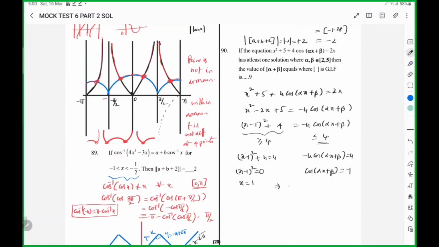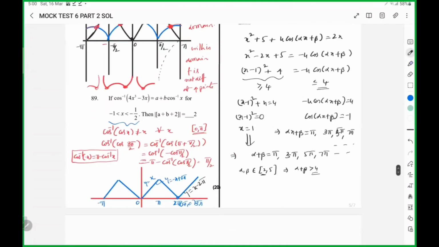Which implies alpha x plus beta can be pi, 3 pi, 5 pi, 7 pi, and so on. X is 1, which implies alpha plus beta is pi, 3 pi, 5 pi, 7 pi, and so on. But he has given alpha comma beta belongs to 2 to 5, which implies alpha plus beta is greater than 4, minimum value. So we cannot take this.